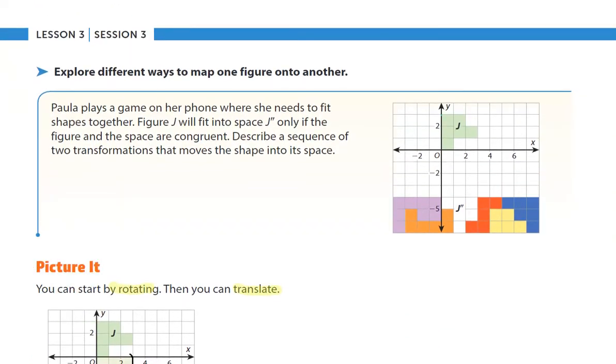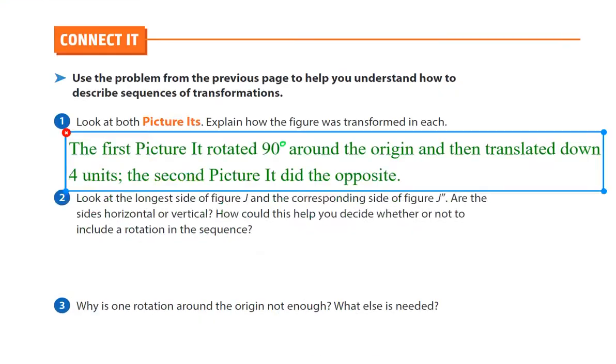The longest side is the top. And, well, I guess on this one it's the left, but it feels like the top because it's going to end up being the top. So on the first one, on the original, it's vertical. But on the image, it's horizontal. Dun dun dun. It has rotated.